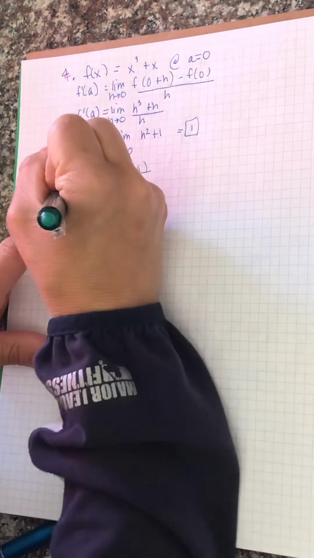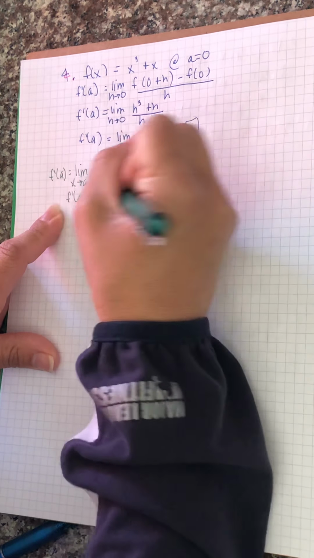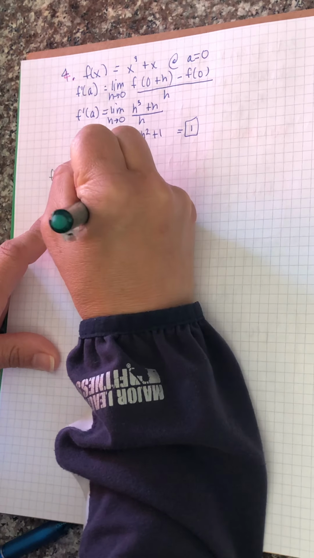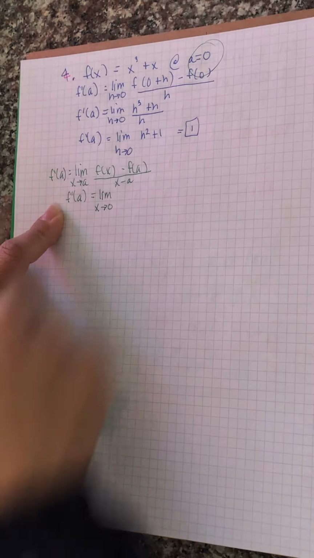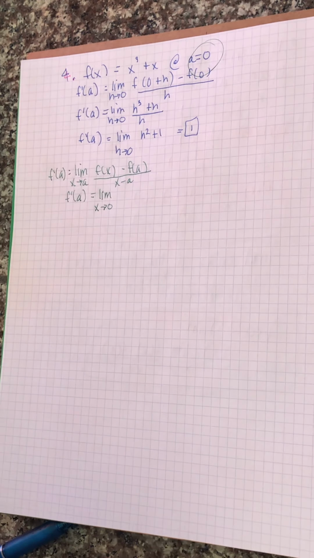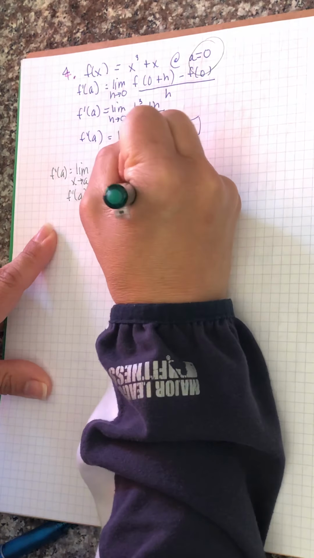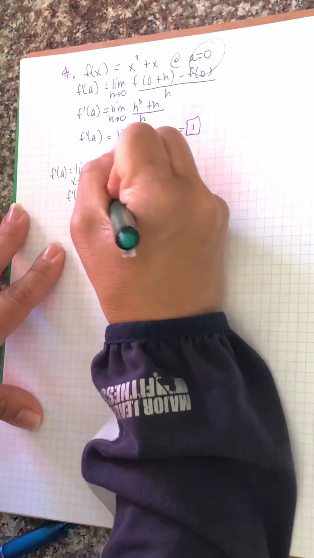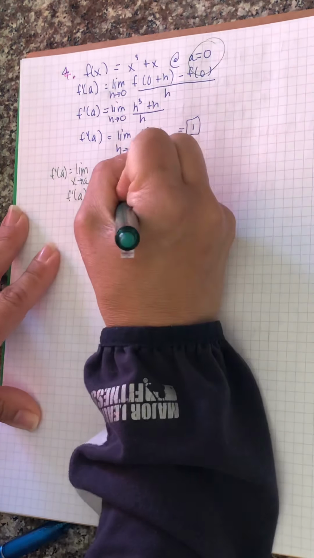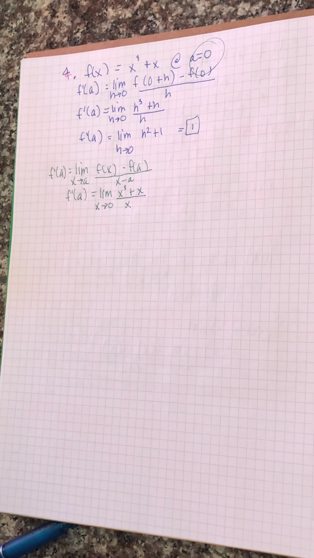Okay, so f of x is x cubed. Hold on, I forgot my prime notation. So this is f prime of a is equal to the limit as x approaches 0. Here they asked me to use 0. I'm doing the same problem in two different ways. f of x is x cubed plus x. f of a is 0, all over x minus a, which is x.